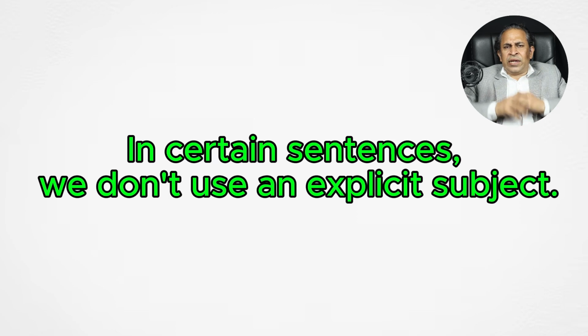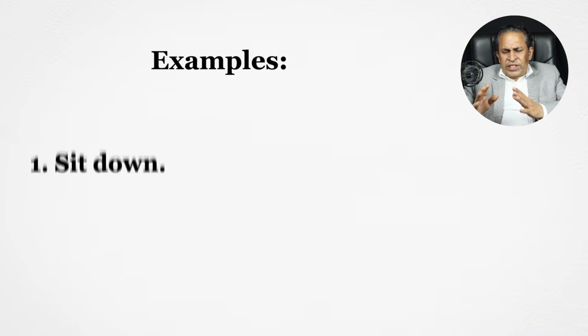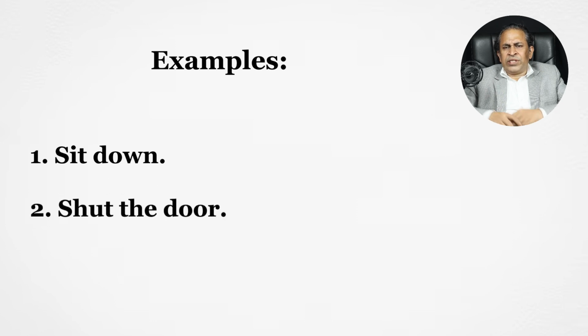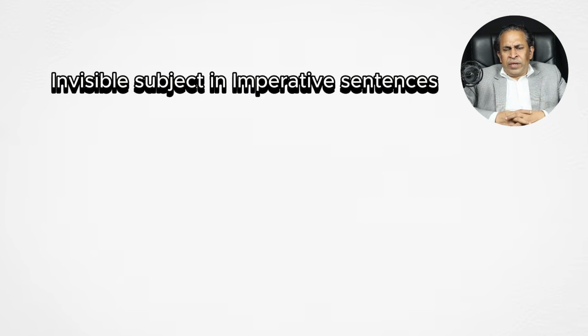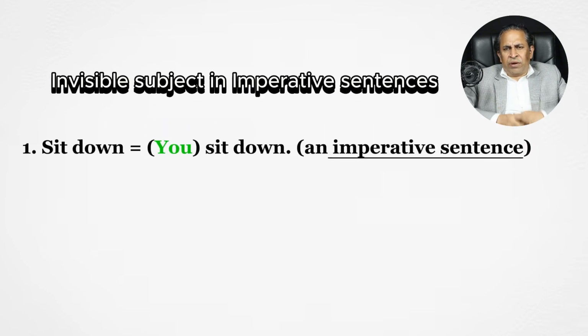In certain sentences, we don't find the subject explicitly. For example, sit down, shut the door, thank him. What does it mean? Sit down means you sit down. What kind of sentence is it? It's an imperative sentence. You are ordering something, right?